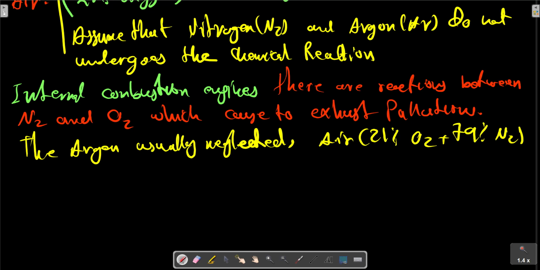When this assumption is made, the nitrogen is sometimes referred to as atmospheric nitrogen.